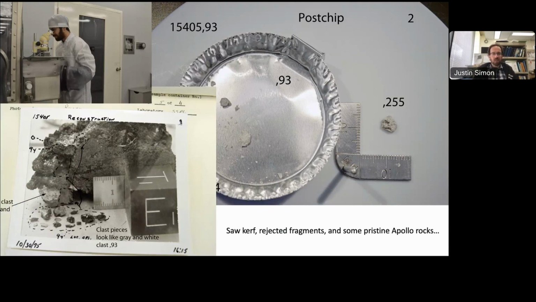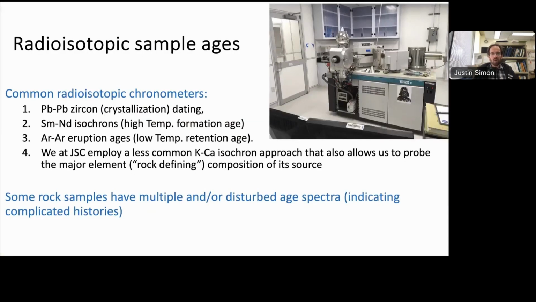Some of them are pristine, and many of them are not, but we have been poring over these over the years. So I wanted to start, and I'll keep things at a high level, with this comparison between the samples and the surfaces. I was going to talk about radioisotopic sample ages and compare them to crater counting surface ages, and I won't be able to get into the details at all.